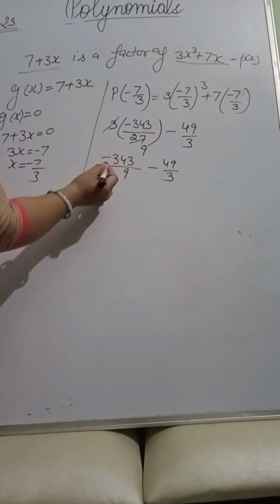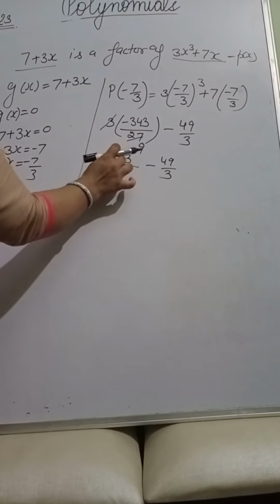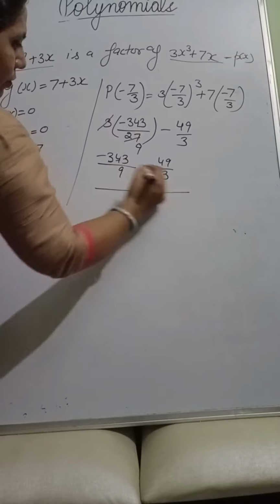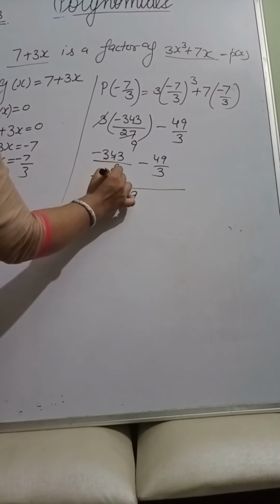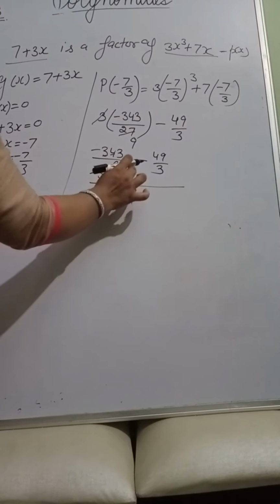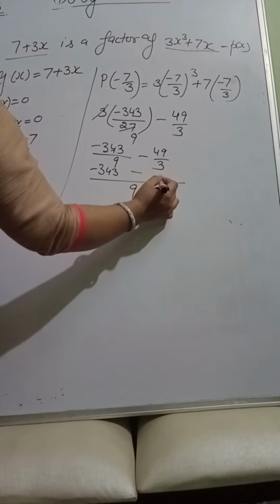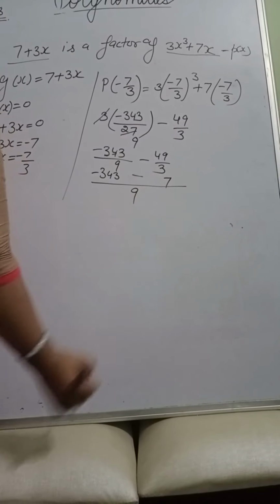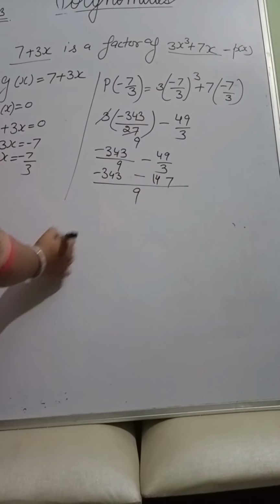You cannot cancel here, you have to take the LCM, that is 9. Minus 343 plus, 3 3s are 9, and you have to multiply this 49 by 3. 3 9s are 27, 3 4s are 12, 12 or 2 147.